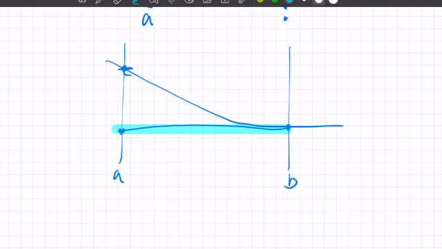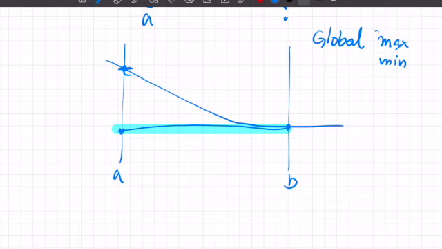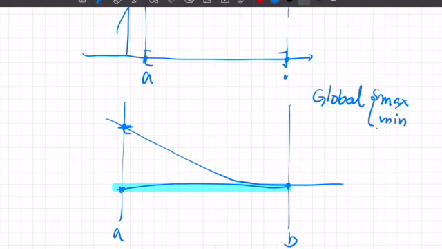These are called global maximum or global minimum. It's global in the sense that it is defined for the entire closed interval.